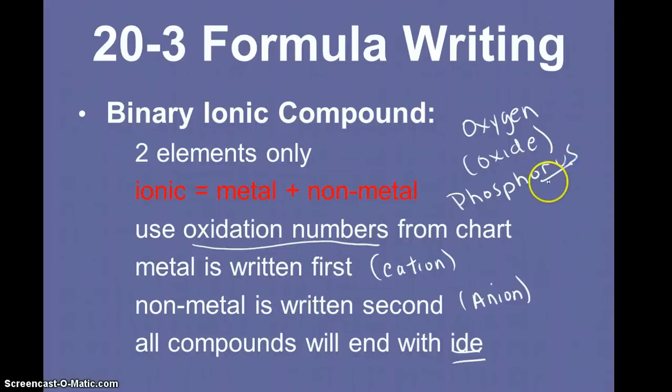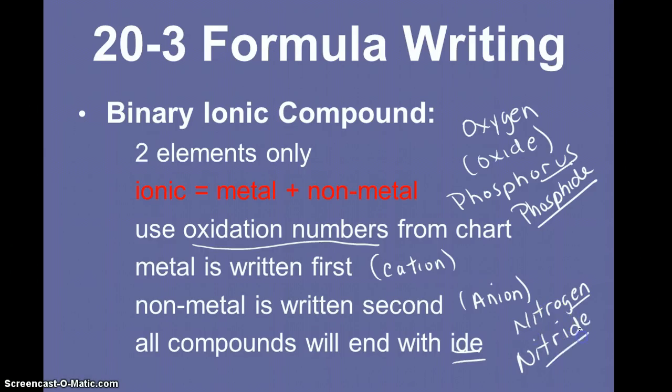I would just change this to IDE, and I would say phosphide. One more example: nitrogen, again, has to end in IDE in a binary compound, and I would say nitride. One more: sulfur, you would say sulfide. I hope that makes sense. Get the hang of it there. But again, they all end in IDE.